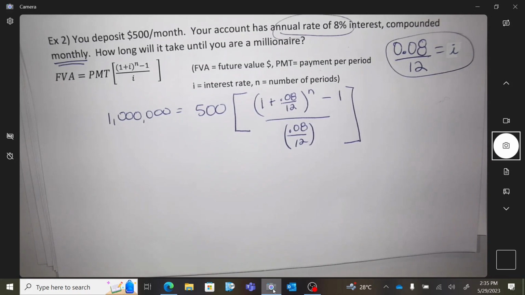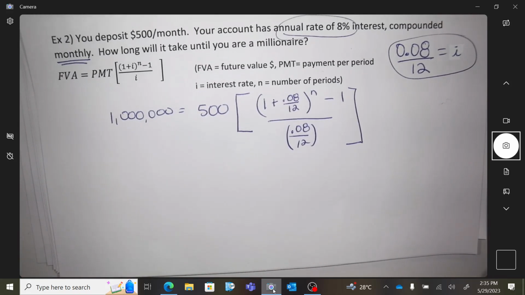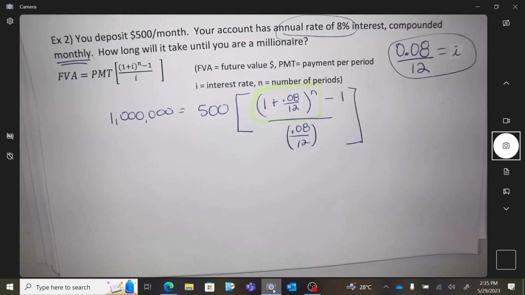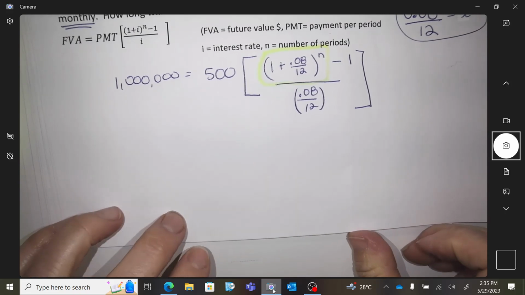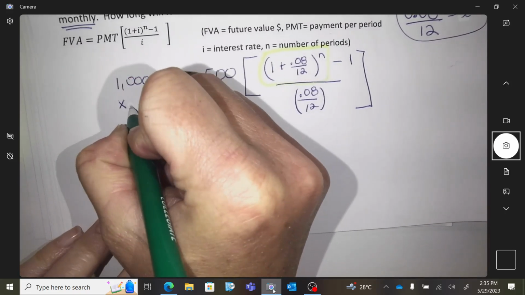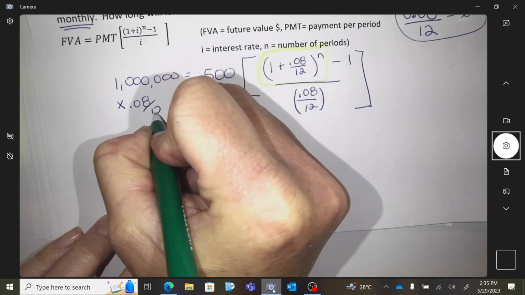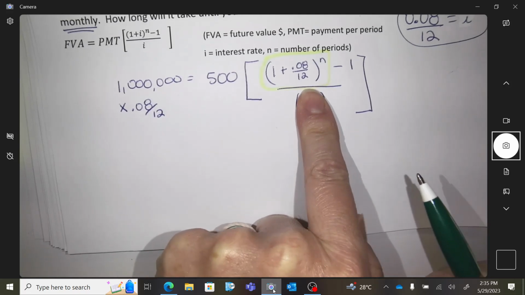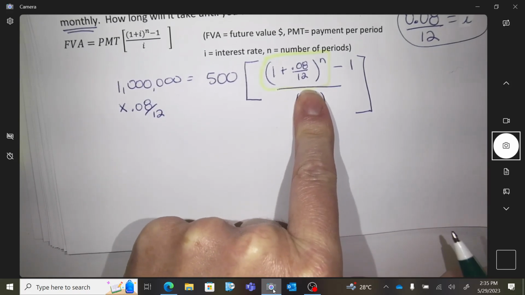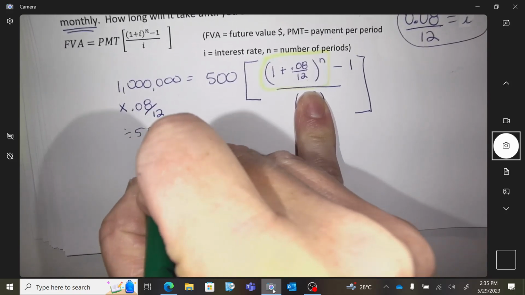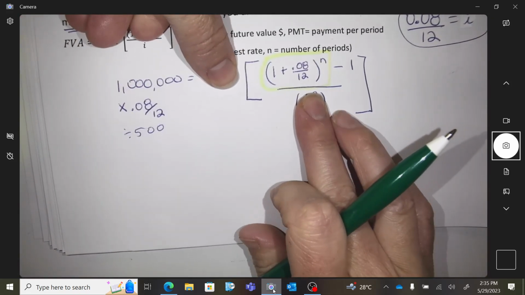Okay, I'm gonna do a bunch of stuff to get this alone. I need that alone. So here we go. We are going to times it by that. Good with that? That would be gone on the bottom. What else do you want to do to it? Divide by 500. That would be gone.